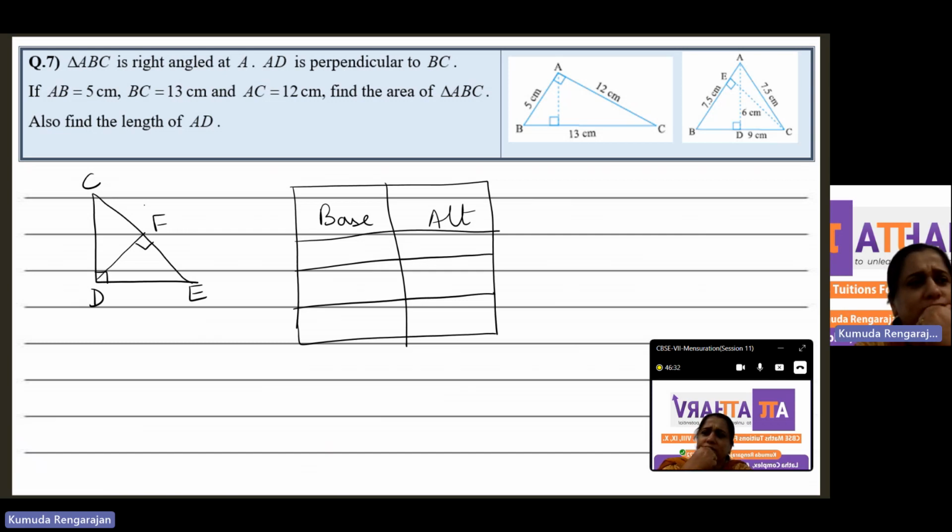No, that's fine, but normally we fill the base and write the corresponding altitude.